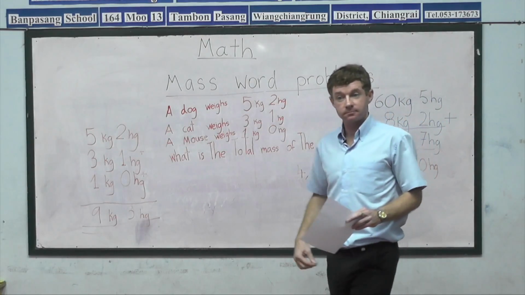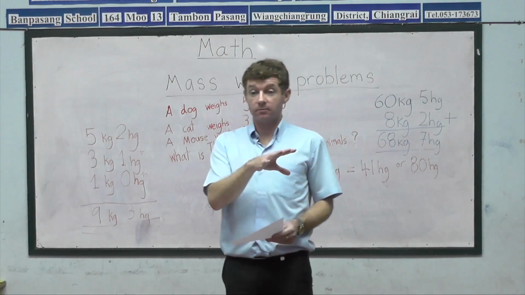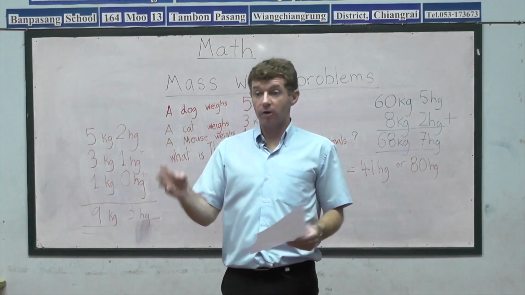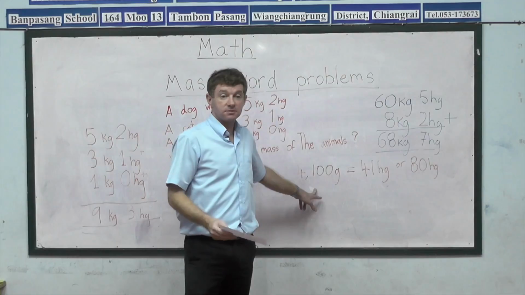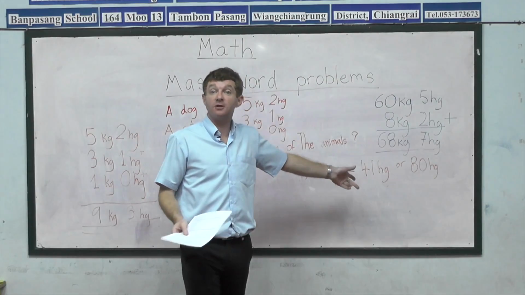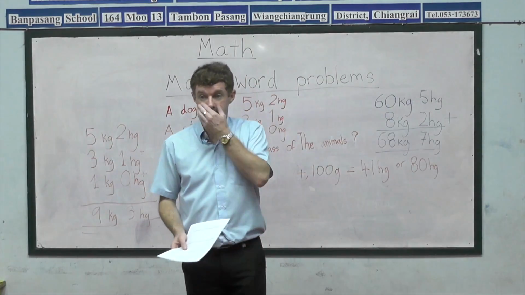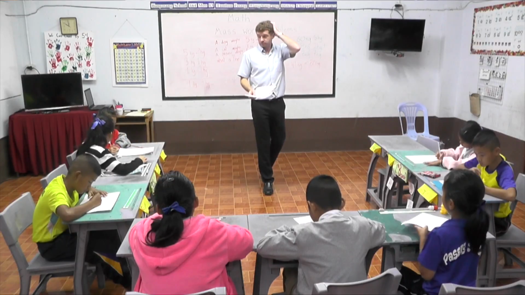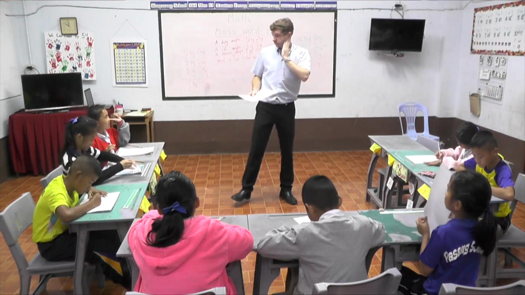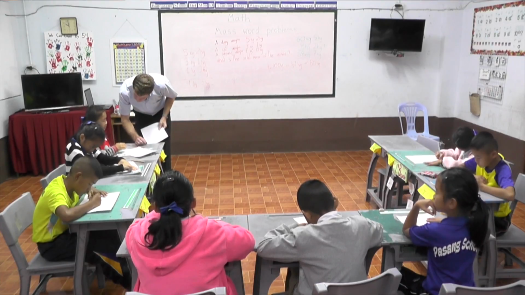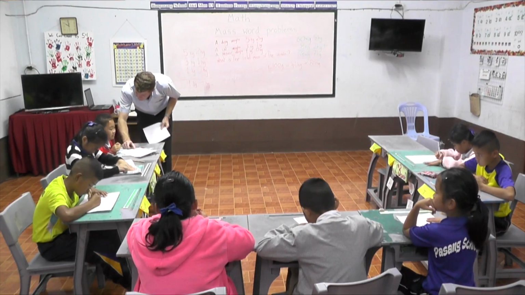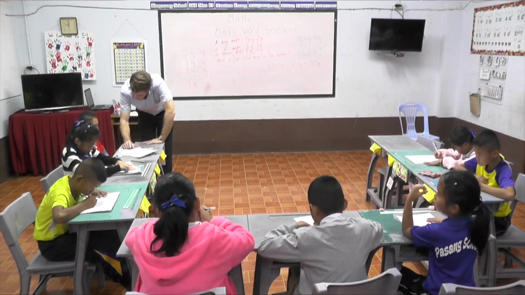It's not addition or subtraction, number 4. You just need to convert your grams into hectograms to see which is the biggest number. You see, it's not addition, it's not subtraction.